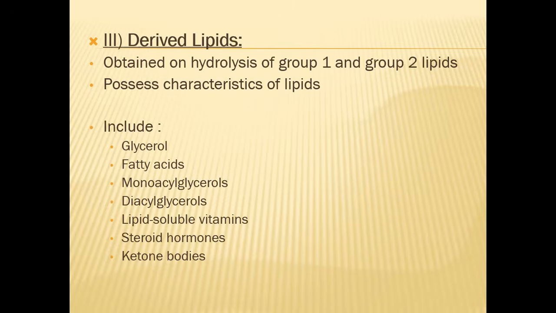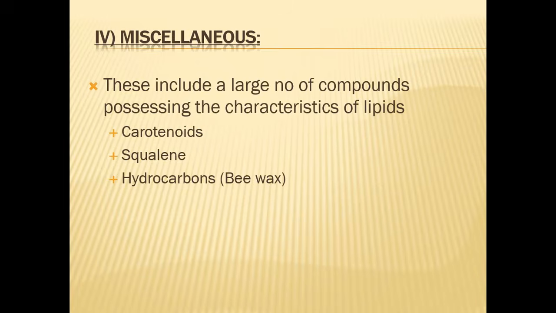Another form of these derived lipids are lipid soluble vitamins, which are extracted from the lipids. Then we have steroid hormones, and we have ketone bodies. Then we have miscellaneous lipids. These include a large number of compounds possessing the characteristics of lipids, but they are not true lipids, like carotenoids, squalene, and hydrocarbons, which are present in beeswax and in methane gas.